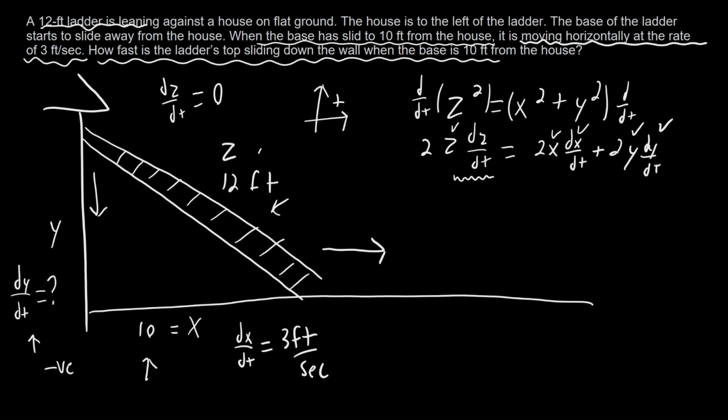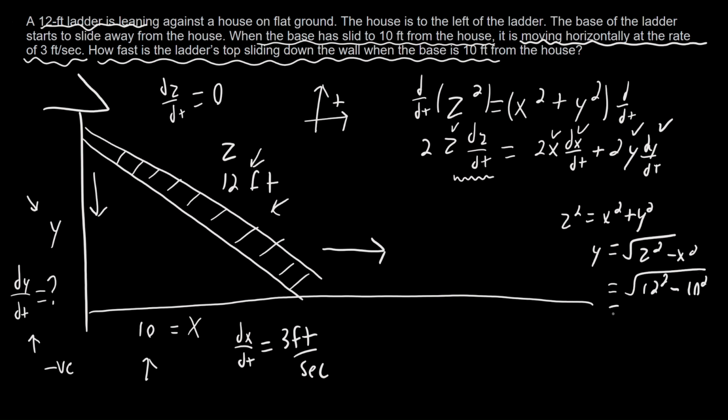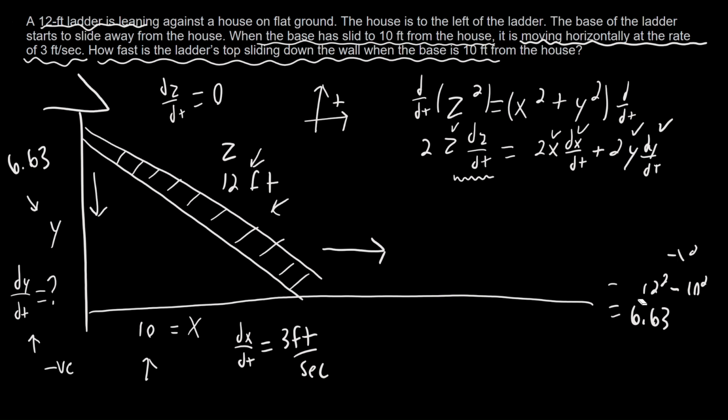Now we have 10 and we have 12, but we need to find y. So let's use Pythagoras to find that. So you'll get 6.63. So let's just write that over here, and we could erase this.